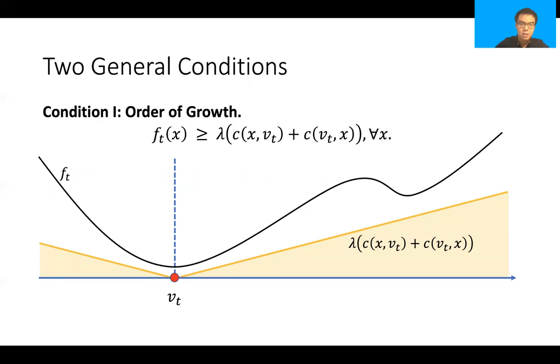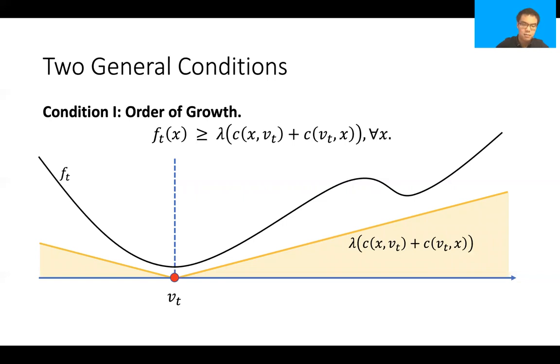So the order of growth condition puts a lower bound on the hitting cost function. Specifically, we say this lower bound grows proportionally with the distance between x and v_t, where v_t is the global minimizer of the hitting cost function.